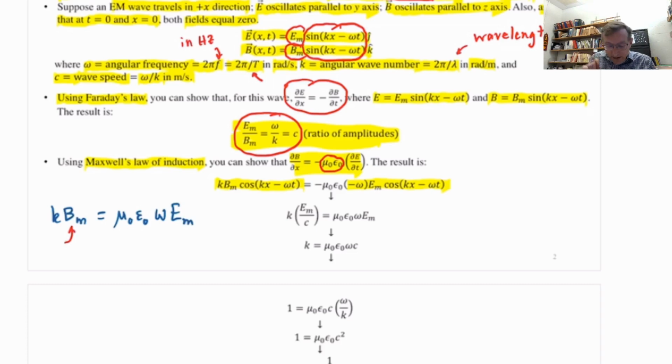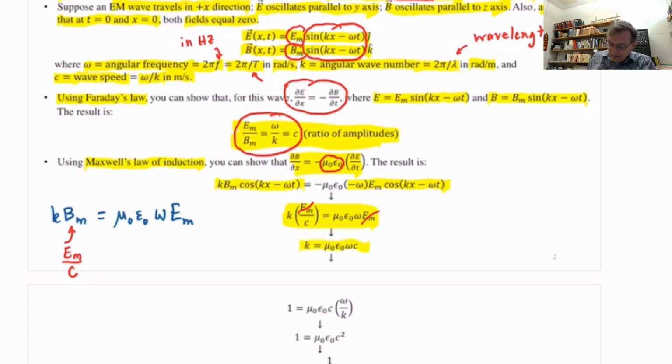E max over B max equals c, or rearranging, B max equals E max over c. And then we get this expression: k E max over c equals mu0 epsilon 0 omega E max. Cancel the factors of E max. Take the c over to the other side. k equals mu0 epsilon 0 omega times c.